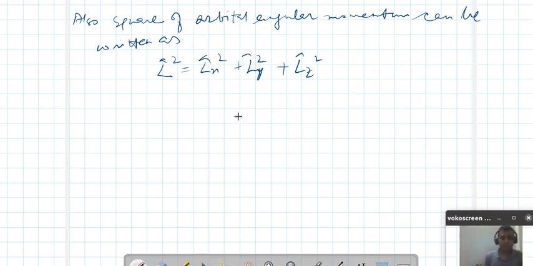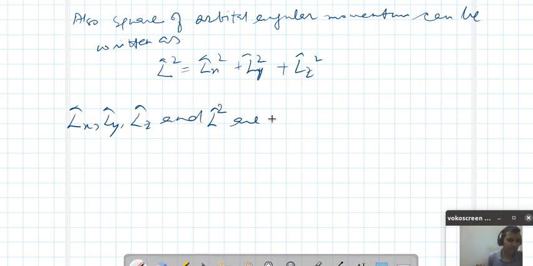Also, another very important thing which we have to keep in mind is that Lx, Ly, Lz and L square are all Hermitian, right? That's what we have to keep in mind.